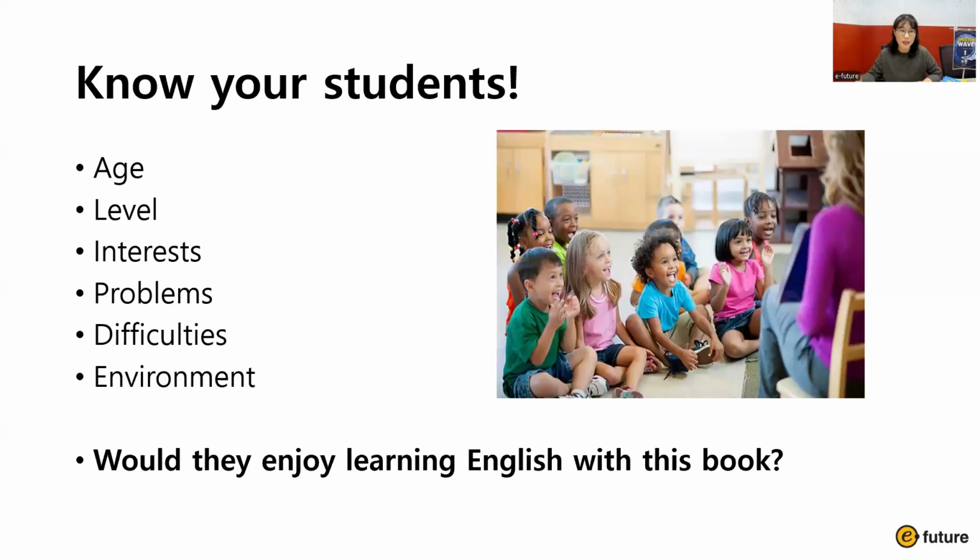I'm sure there are other things you need to know, too. And probably the most important question is, would they enjoy learning English with this book? I think you have to ask this question to yourself when you are choosing a book.